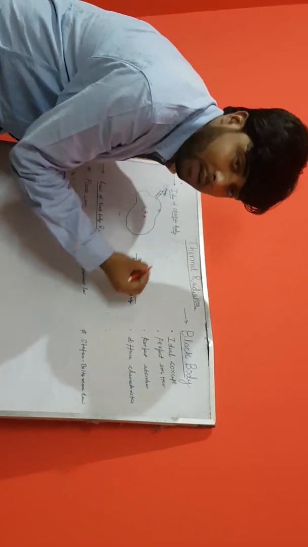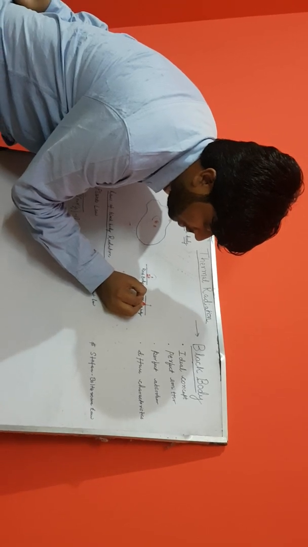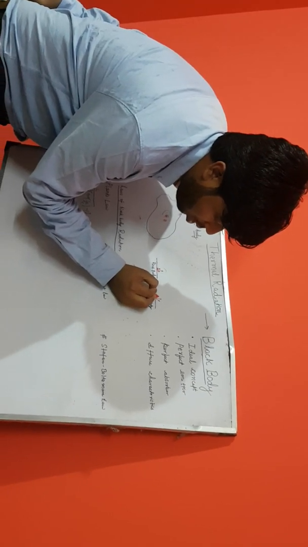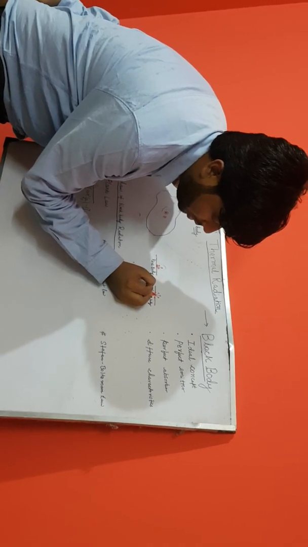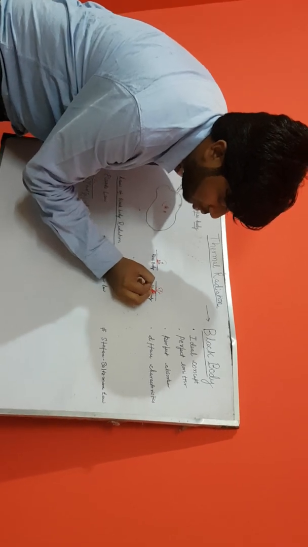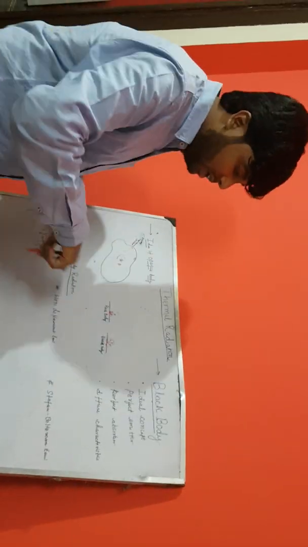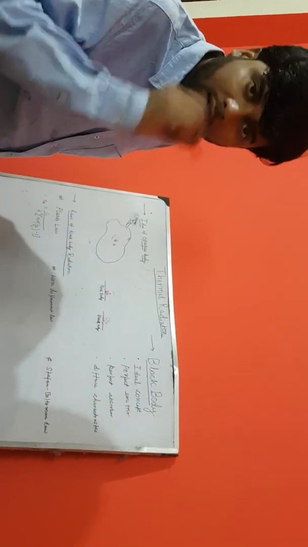But for the black body, the emission is all around the point, encompassed by a hemisphere. So the black body emits in all directions, and it is independent of the direction.